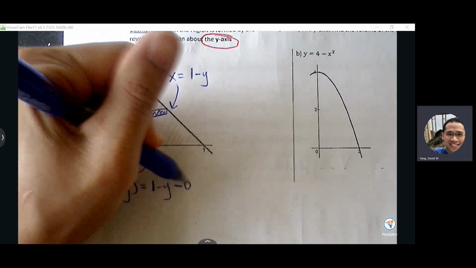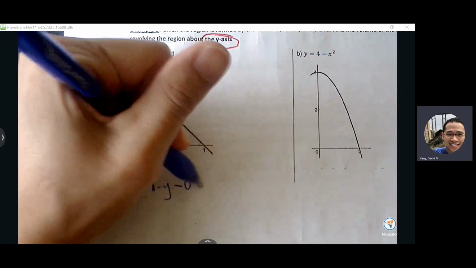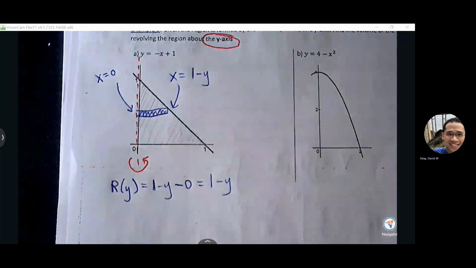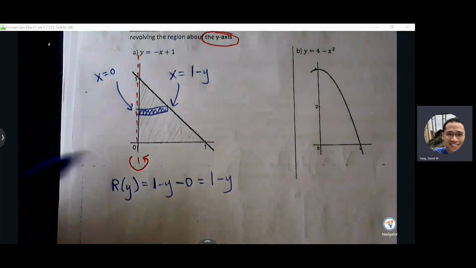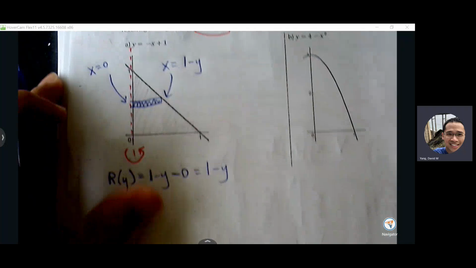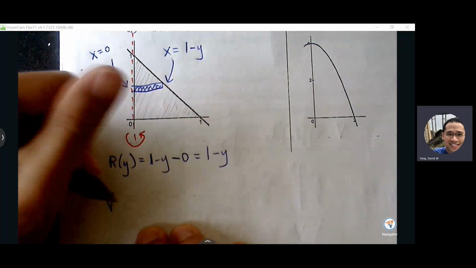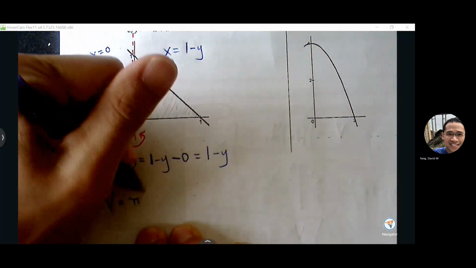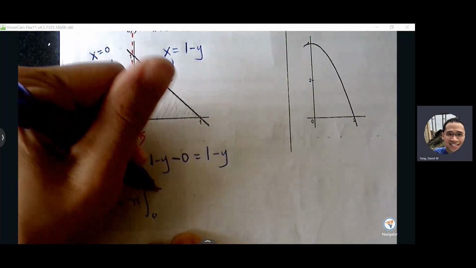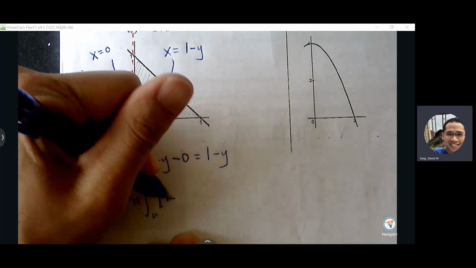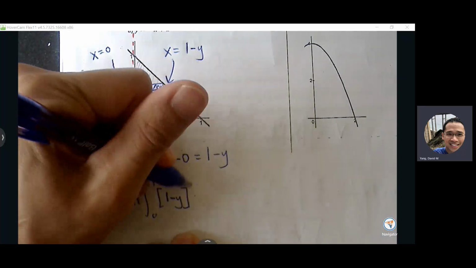So 1 minus y minus 0, which reduces to just 1 minus y. All right, we have our radius, we have our bounds. We're ready for putting into our volume formula. Make sure you put your radius in a set of brackets because you're going to have to square the whole thing.